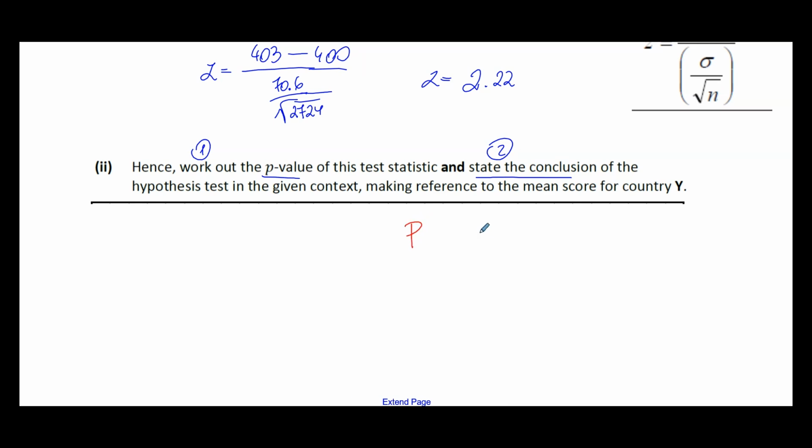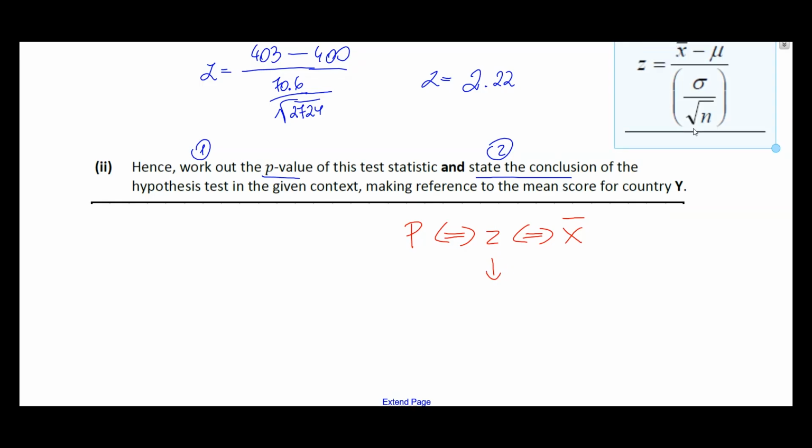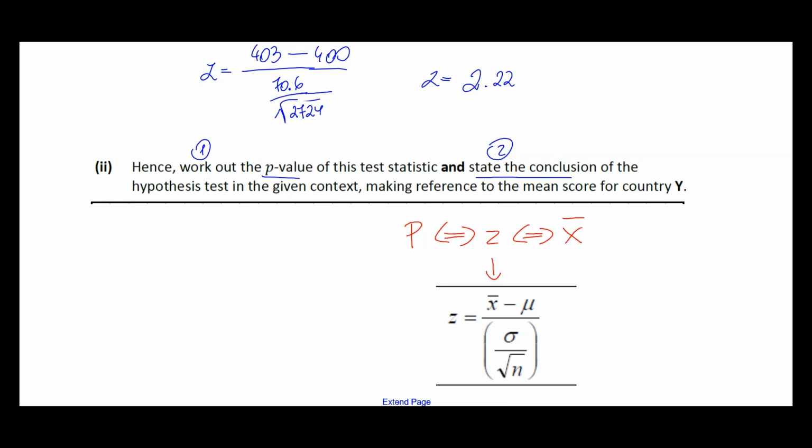Listen, we are looking for probability. Now, the difference here from our usual calculation is that this is the sample mean. Z is this formula. It's not the simpler formula for the z-score we are using. And then when we read the probability, because the process is the same, from the mean score to z, which we already have from the previous part, we have the z 2.22, we go to the table, we read the probability, but that probability is not our answer.